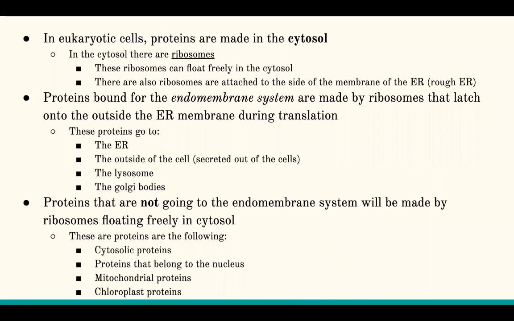Proteins that are bound for the endomembrane system have to be made by ribosomes that are attached to the rough endoplasmic reticulum. These ribosomes latch onto the outside of the ER membrane, and they help proteins go into the ER, as well as proteins that are secreted out of the cell and proteins that go to the lysosome and the Golgi bodies.